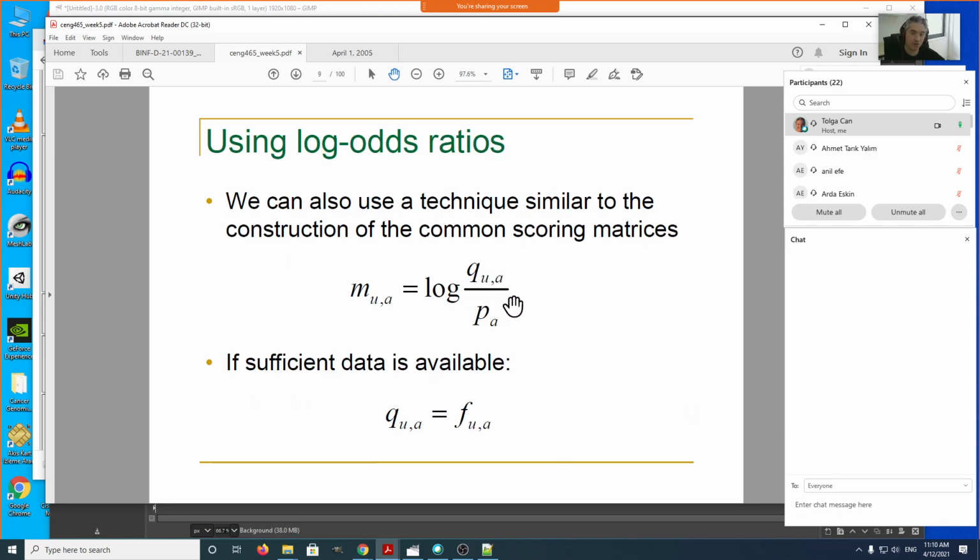What we may assume is that every amino acid type occurs at least once in every column. This assumption may be introducing too much noise, right? If you only have 5 sequences in your family, it's like adding all amino acid types occurring once in every column.